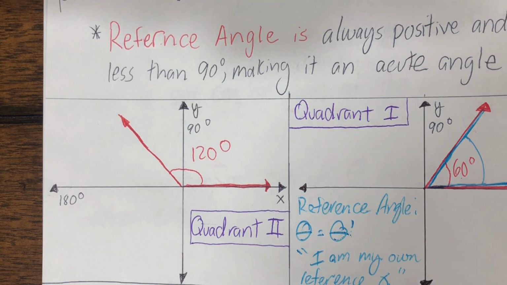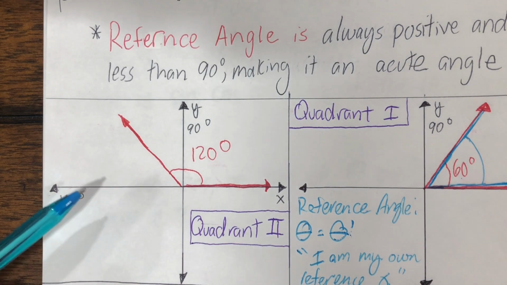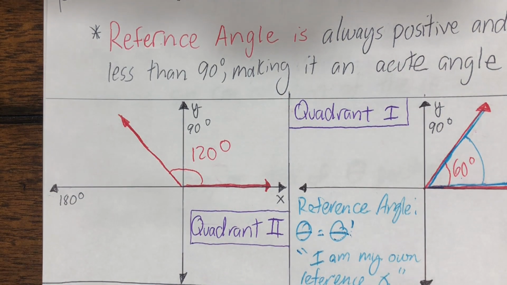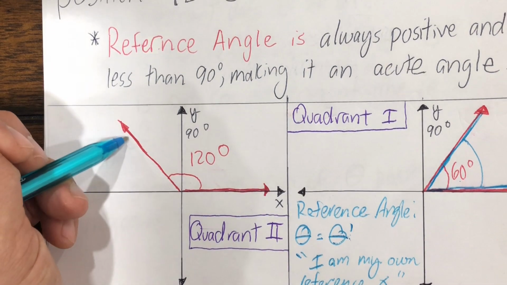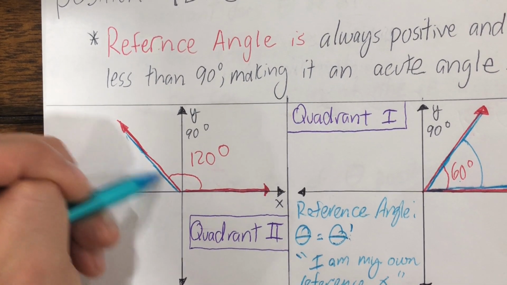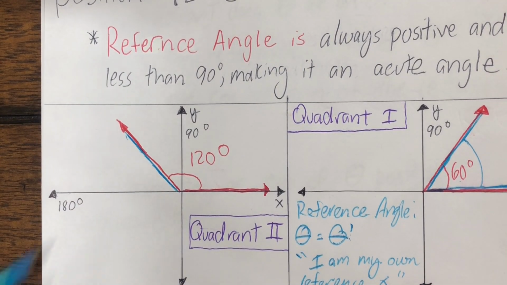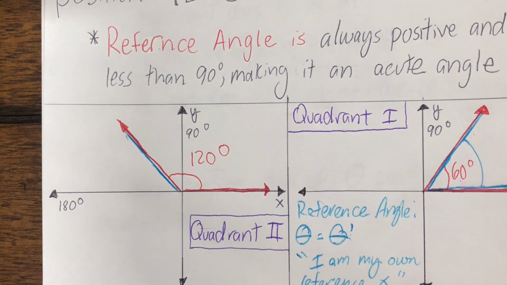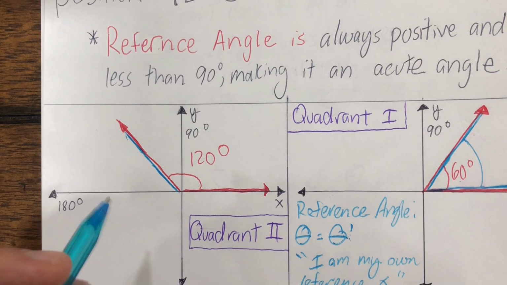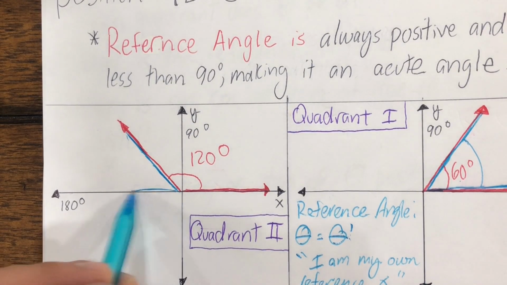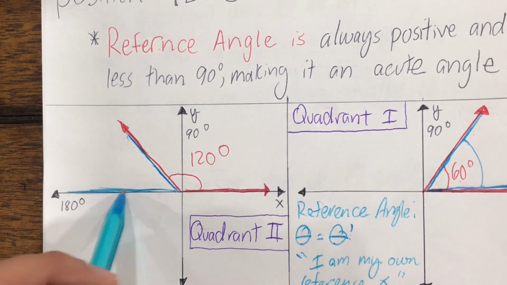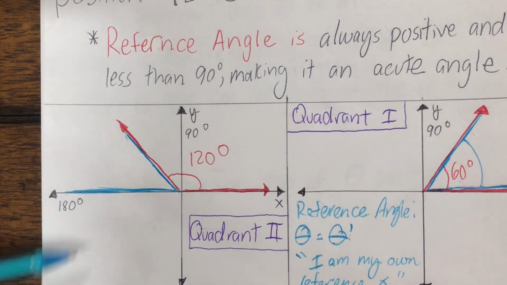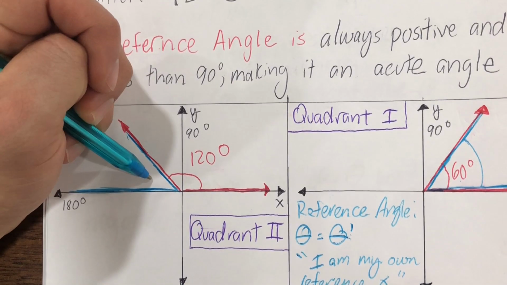So we have the terminal side, and the nearest x-axis for this quadrant is the left side of the x-axis, which is located at 180 degrees. So that means over here is going to be my reference angle.